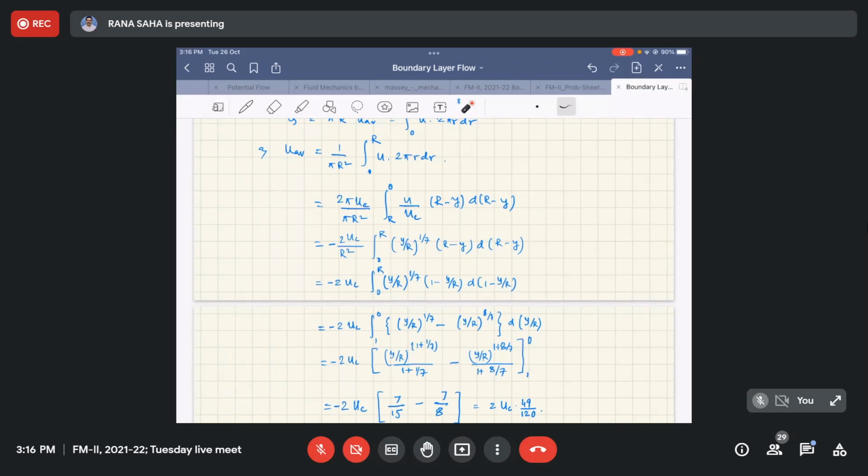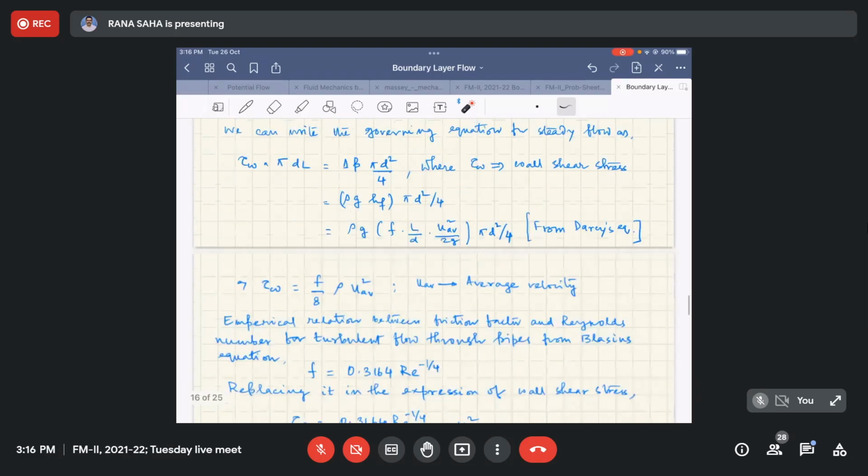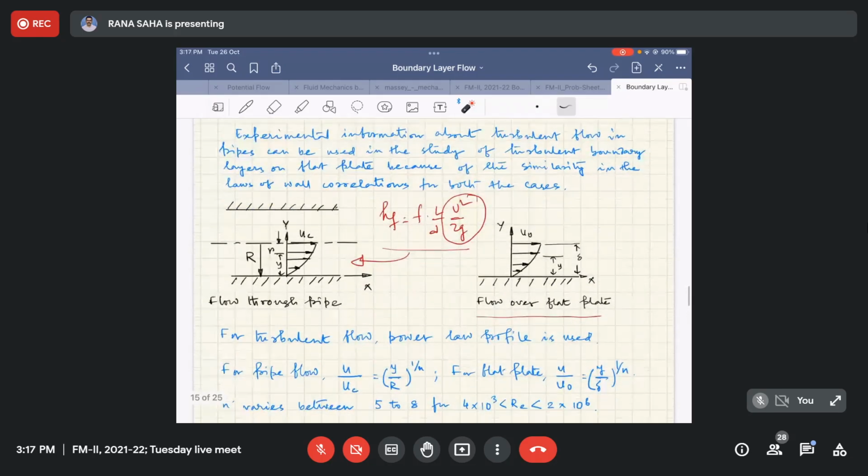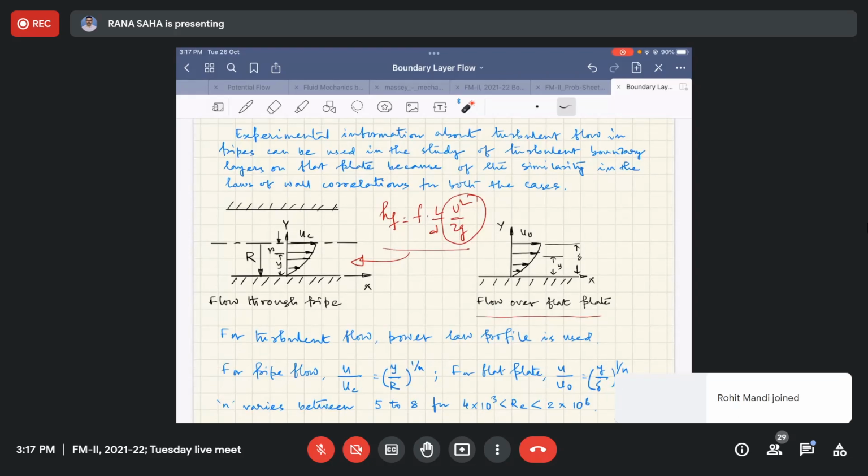Here, the first change that has been taking place is that the radial parameter, this R, is being replaced by the dimension Y. Again, I refer to the very first figure where one can understand. This is the Y direction, which at any boundary you can have as the perpendicular direction, that is Y. In a pipe, and in case of a flat plate, this Y will always be the same.